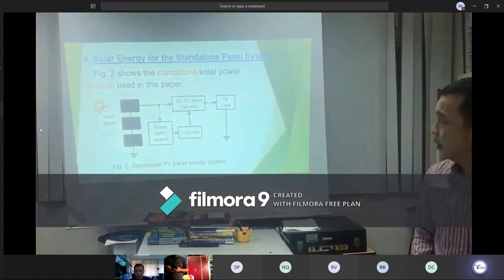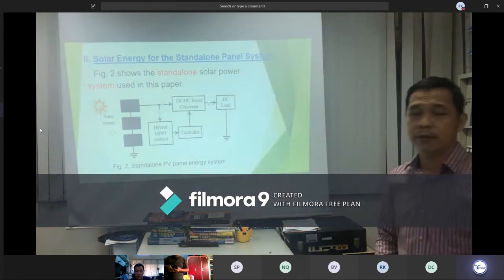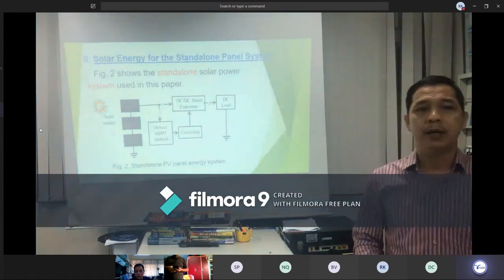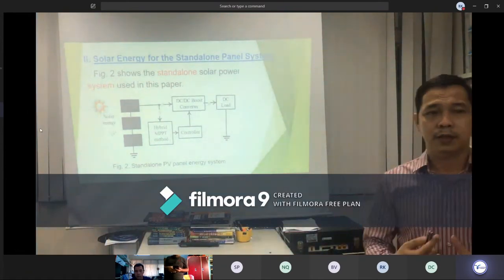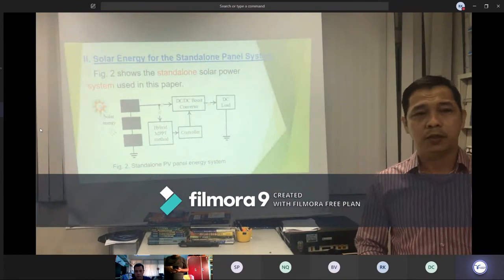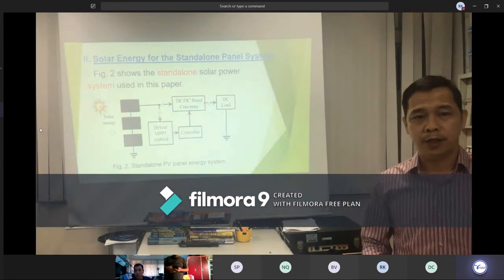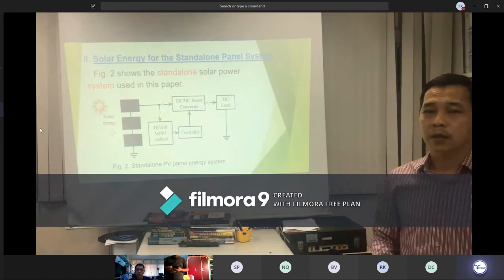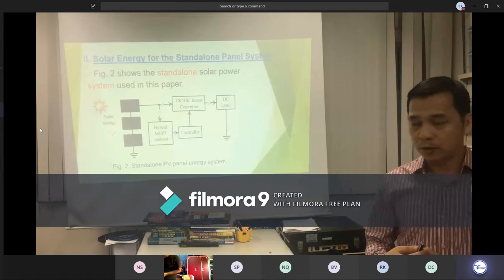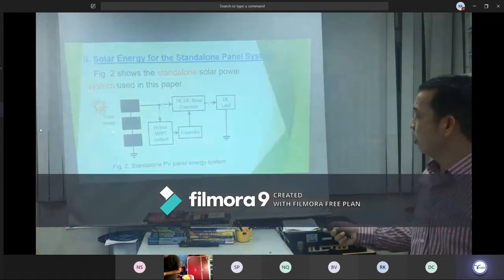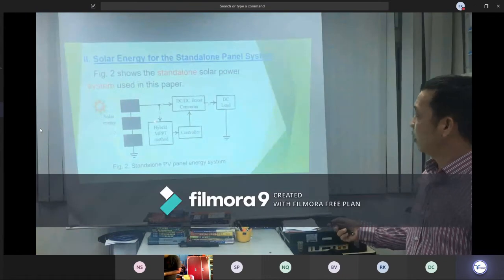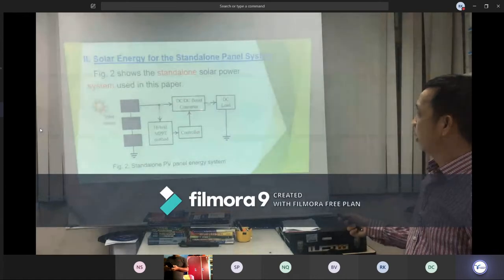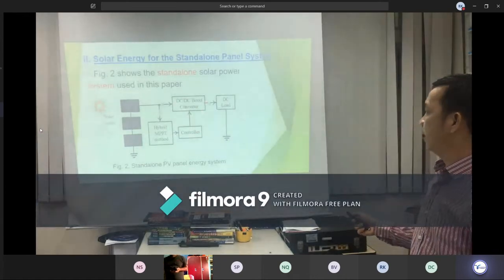I will show the standalone solar power system used in this paper. In this paper, we propose such a standalone module to efficiently use the solar energy system. This system includes a solar panel, a fuzzy method and controller, a DC-DC boost converter, and a DC load.